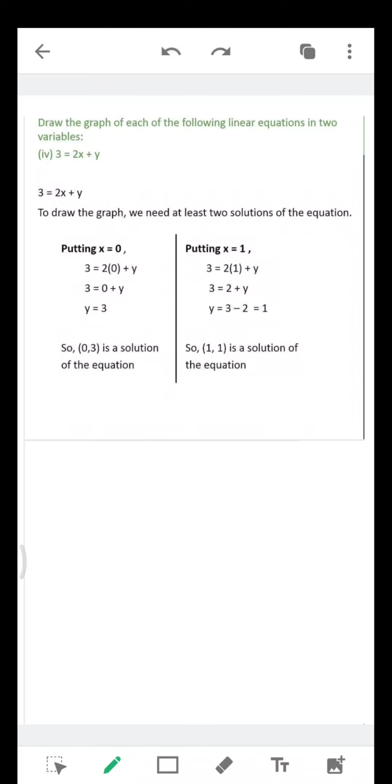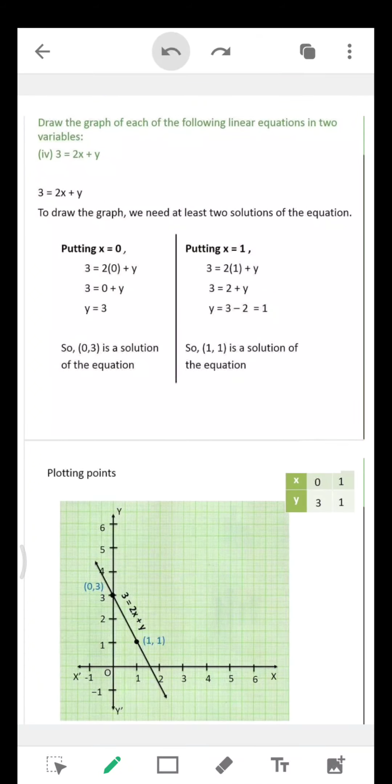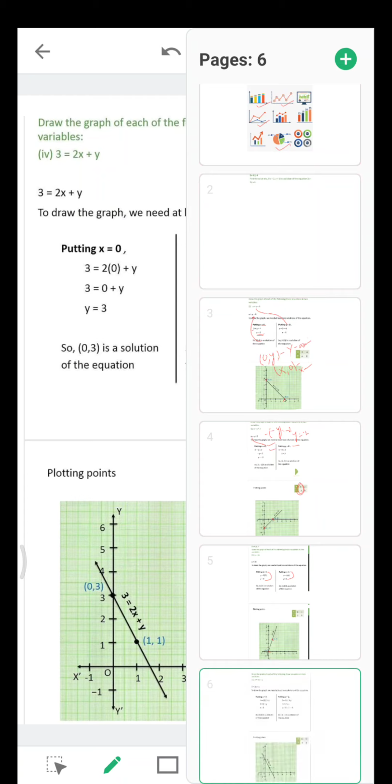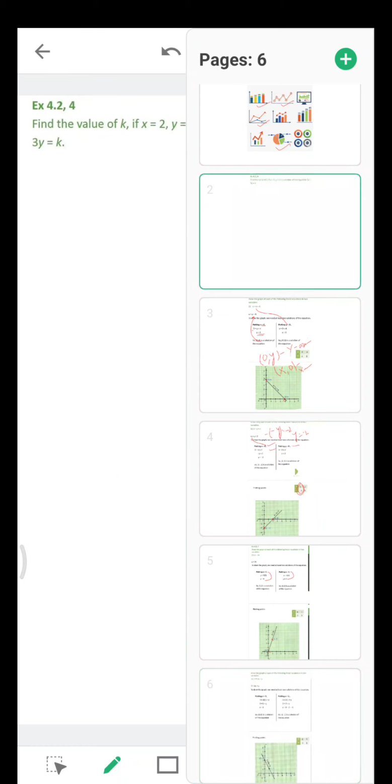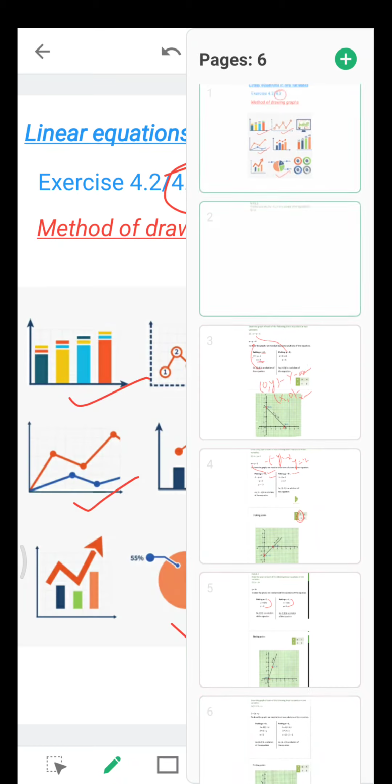So if I write 1 in place of x, I'll get 2 into 1 plus y is equal to 3, and y is equal to 3 minus 2, that is 1. So we get 2 solutions. Then again we plot it on the graph in the same manner. Okay, so these are the graphs of exercise 4.3.